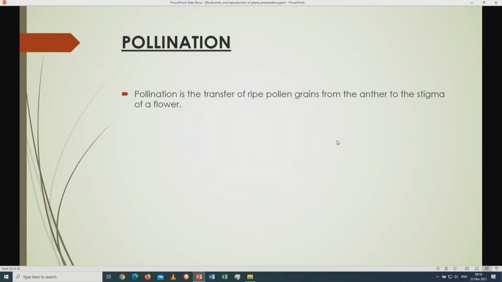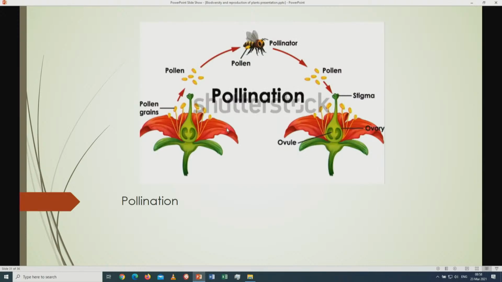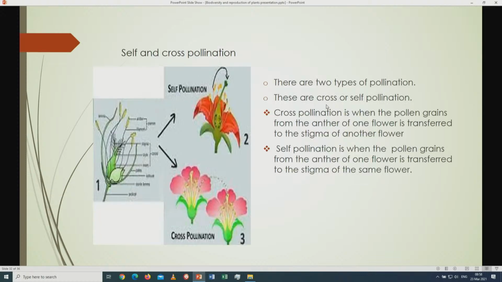This I've just covered. So coming to pollination. Pollination is the transfer of pollen from an anther to a stigma of a flower. So for pollen to be transferred from an anther to a stigma, agents of pollination are needed. So we'll talk about them later on.